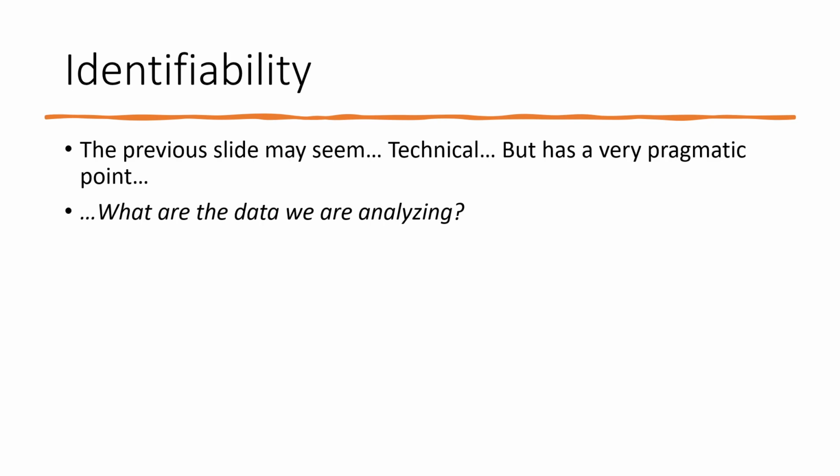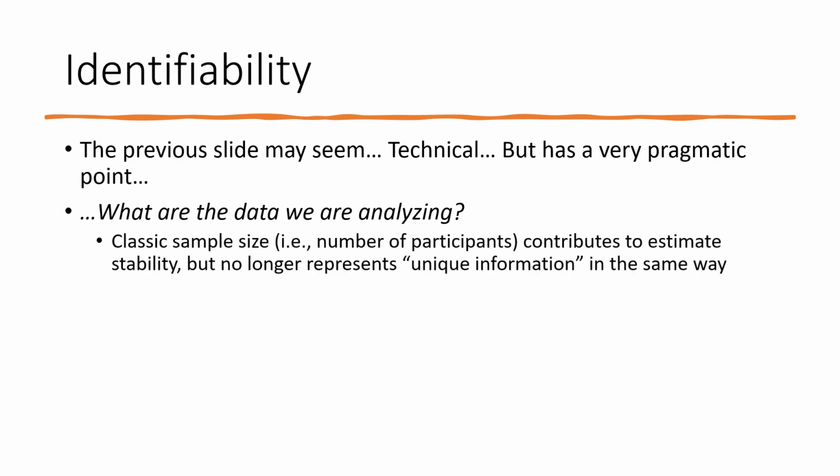What are the data? And this is important because the classic data that we think about in sample size isn't actually what we're analyzing here. Recall, we're comparing a variance-covariance matrix of the observed variables to a model implied variance-covariance matrix of observed variables within the model that we drew.